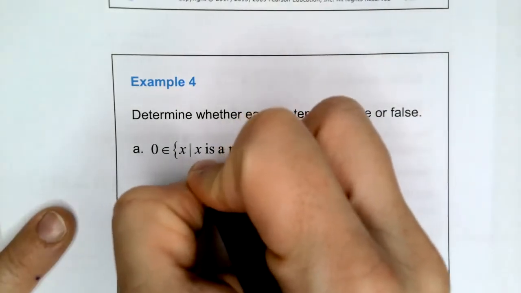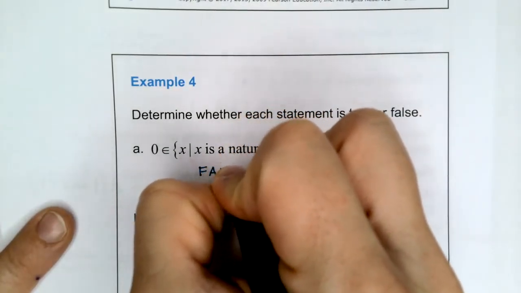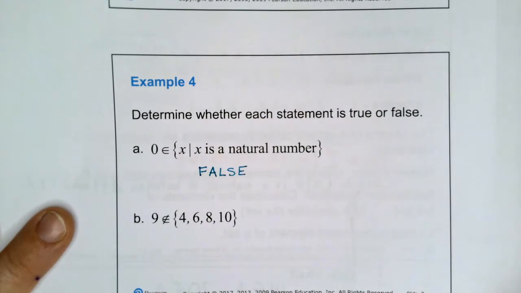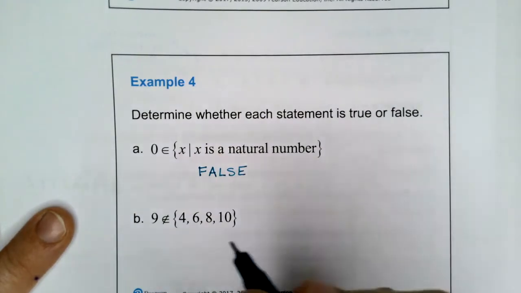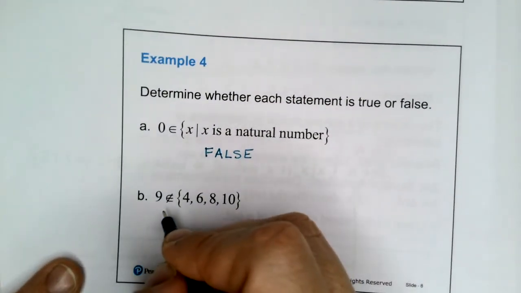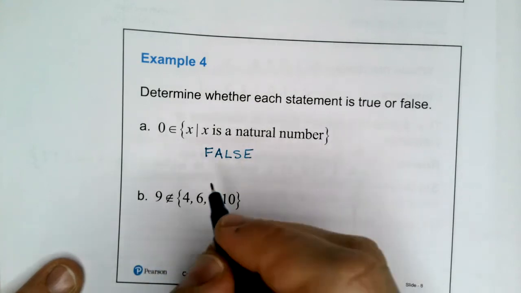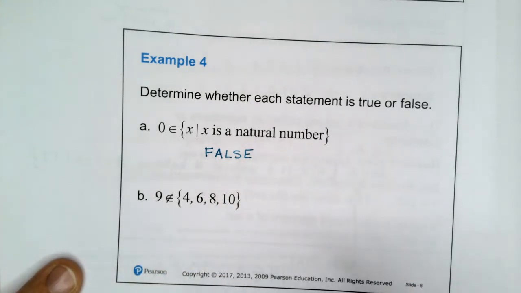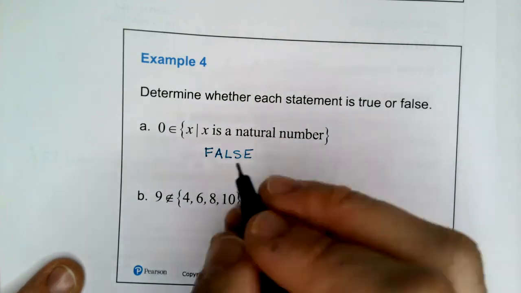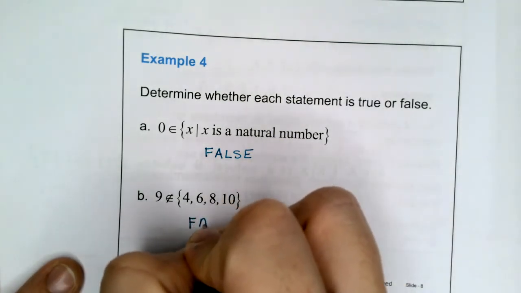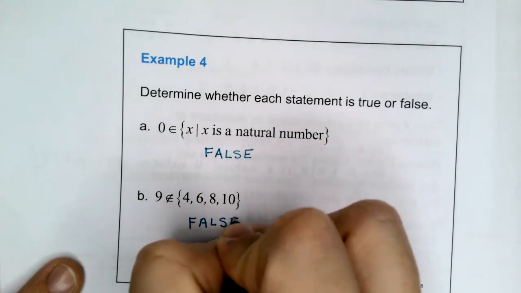This is false. All right. 9 is an element of the set 4, 6, 8, 10. False, right?